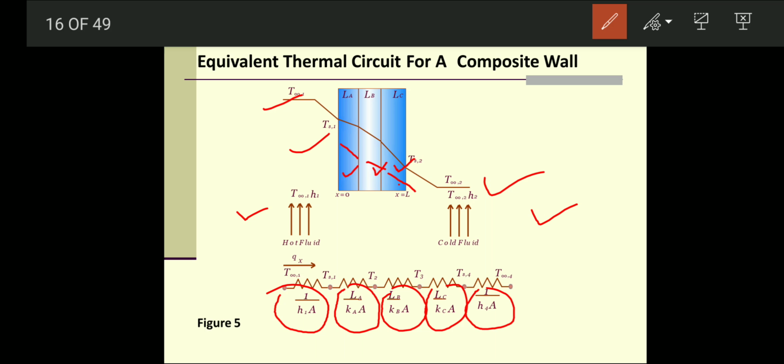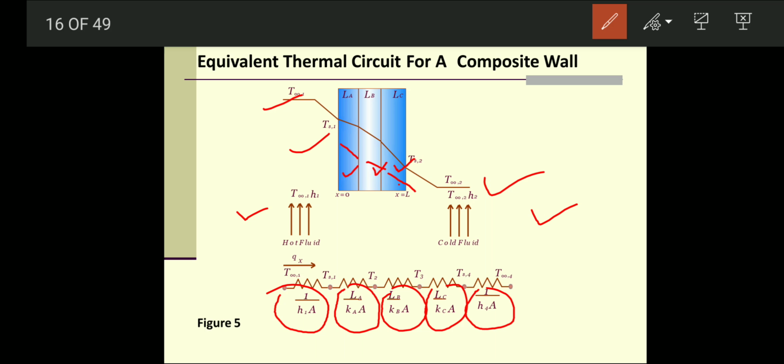So 1 upon H1A is the convective resistance, then LA upon KA into A is the conductive resistance for the first slab. Second, LB upon KB into A is the conductive resistance for the second slab, and third, LC upon KC into A is the conductive resistance for the third slab, and then it is convected into the cold fluid. The fourth one is the convective resistance 1 upon H2 into A. So there are 5 resistances, 2 convective and 3 conductive.